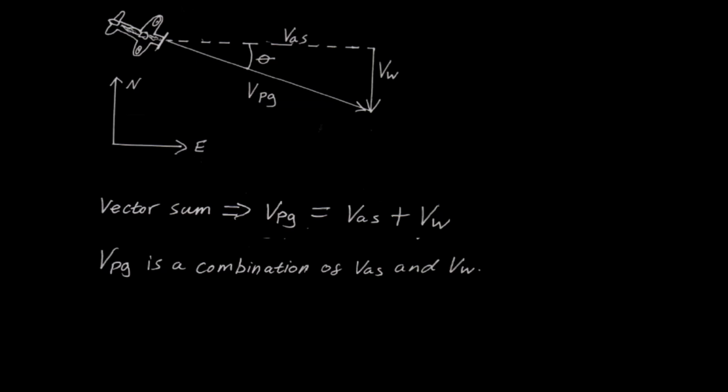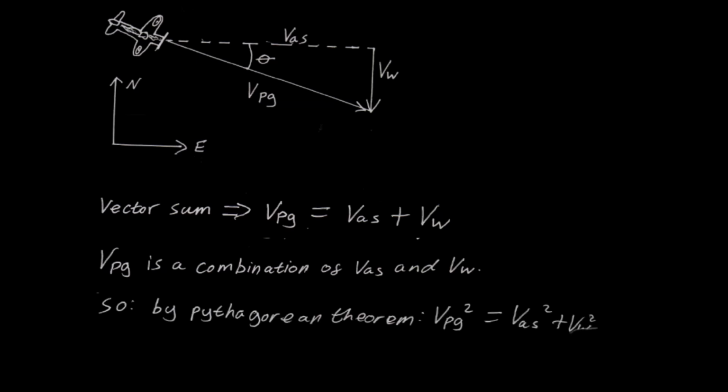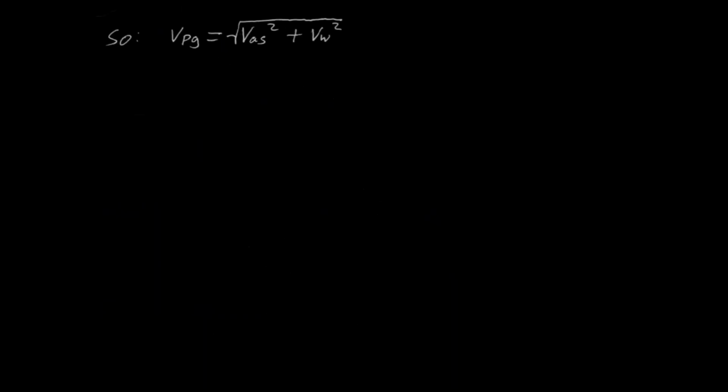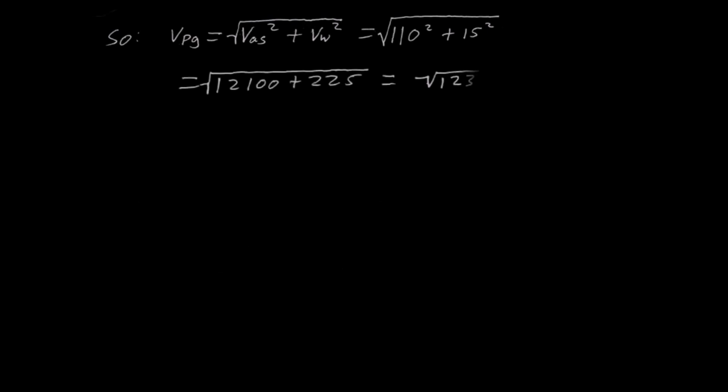You should by now understand that this will be a Pythagorean theorem solution. So the velocity of the plane will be the square root of the airspeed squared plus the wind velocity squared: the square root of 110 squared plus 15 squared. This is solved in its entirety, giving us 111 meters per second.